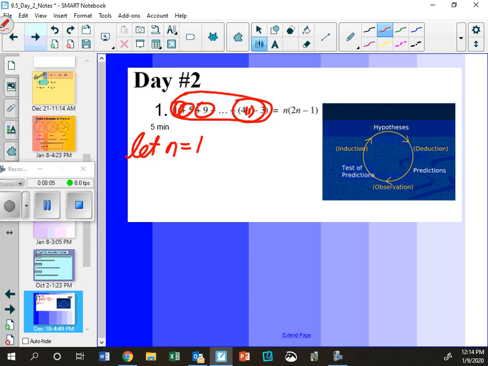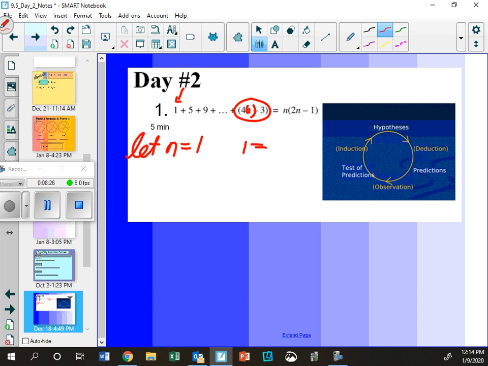No, no, no. That whole left side is a list. And if you put in 1, you're getting the first term. If you put in 2, you're getting 2 terms. If you put in 3, then you're getting 3 terms. Okay, so if we put in 1, then this whole left side is a 1, and there aren't any more terms, just that first one.